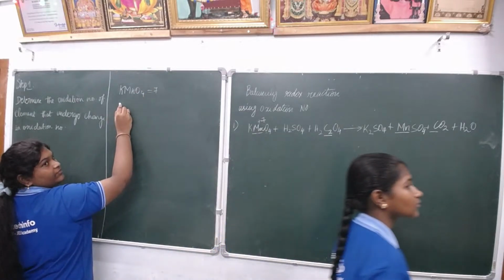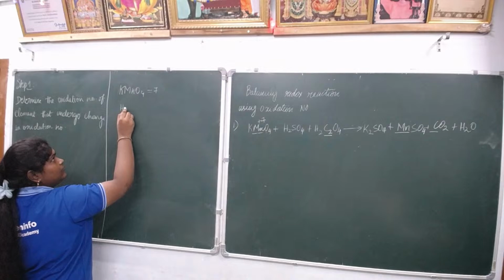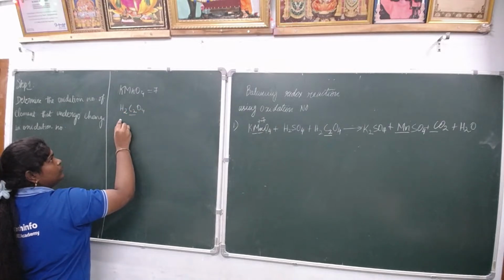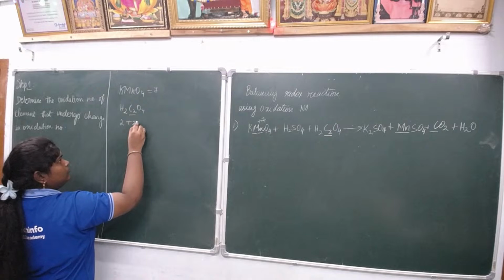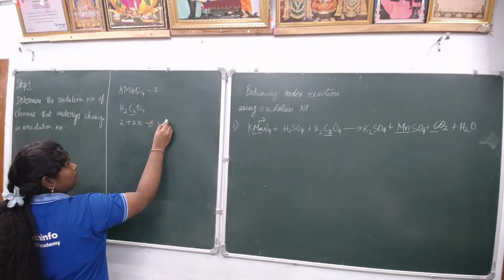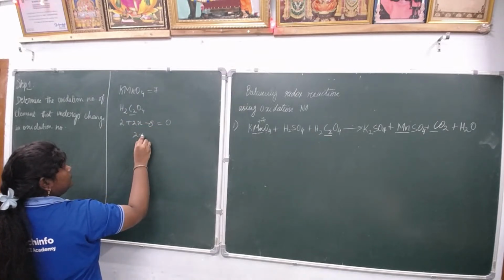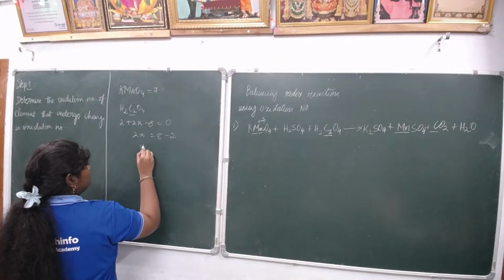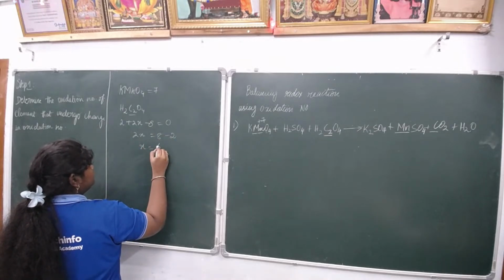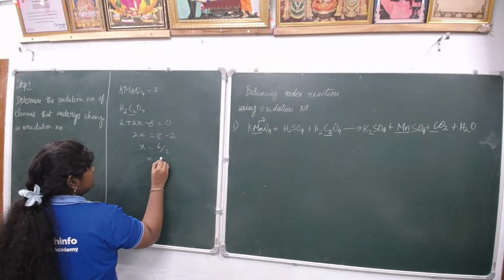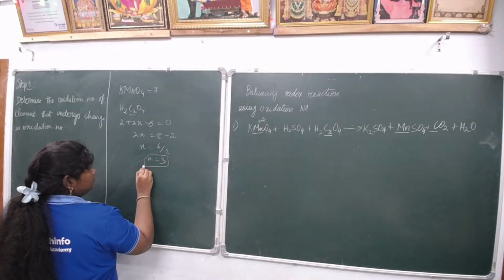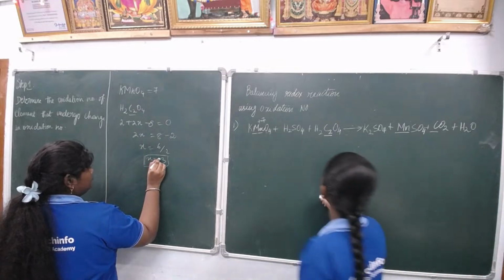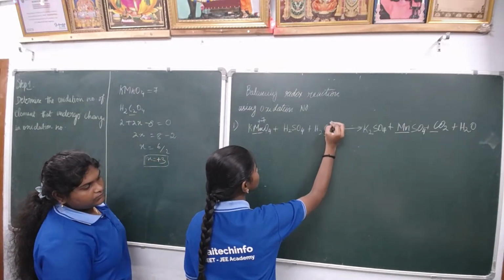Put X. You can do like this, H2C2O4. Put X for that. This is plus 1. This is minus 2. Do it. So plus 3. Write down plus 3 above carbon.